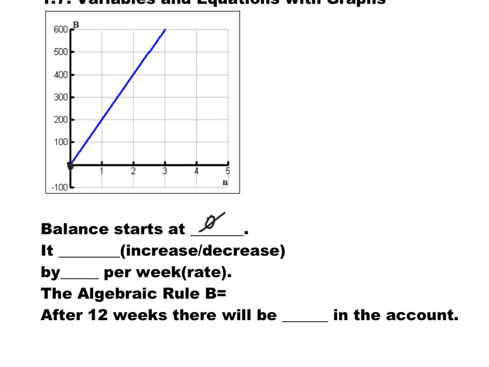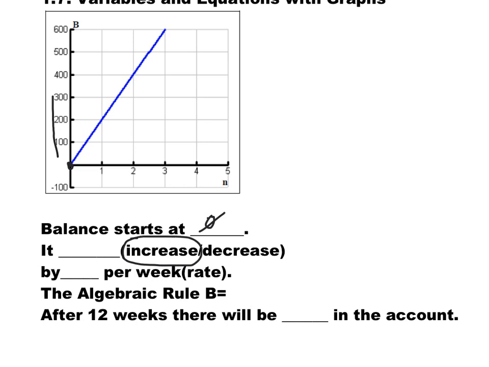So it's $0. The next question is asking, is the balance increasing or decreasing? We can see that the balance values are positive and going up, so they are increasing.